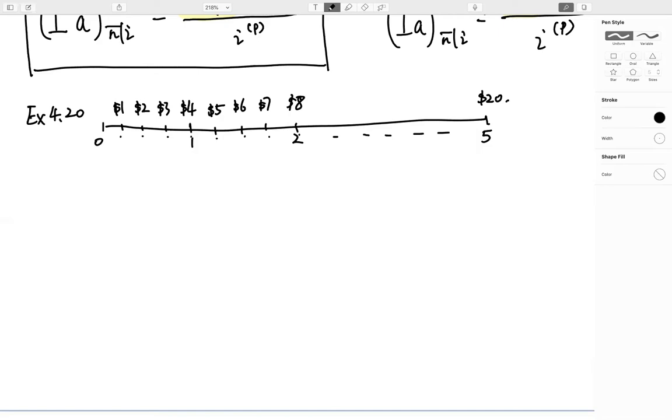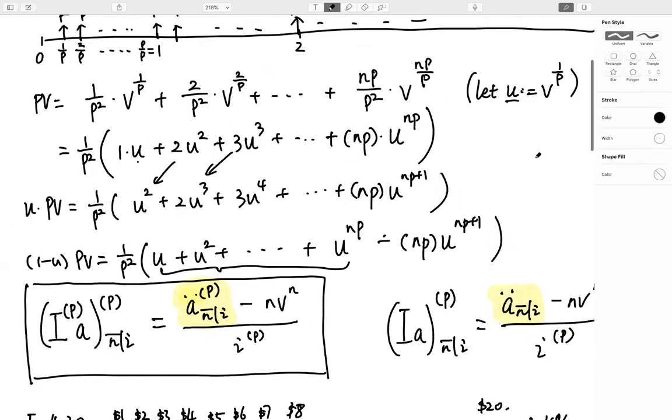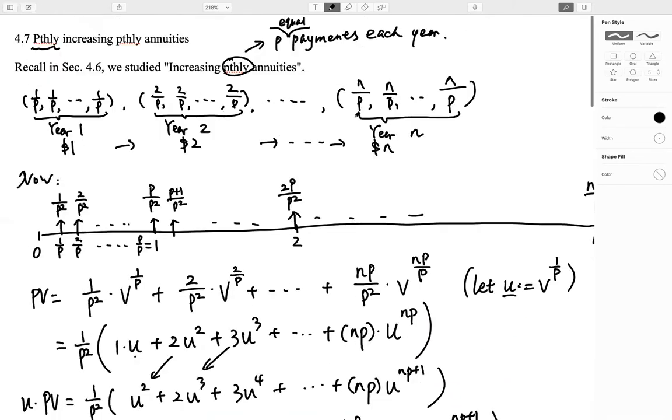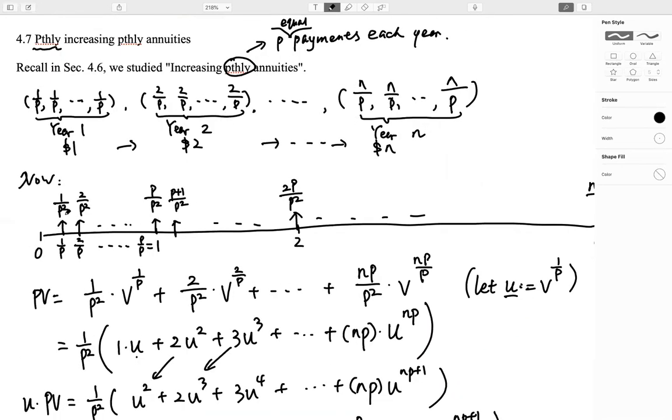What I also know is the effective interest rate per year is 4%. It's always quoted as the annual rate, and even if I don't tell you, it's going to be the annual rate. So this is obviously different from our standard setup, but it's very easy to convert. All you need to do is to times by p squared. If you times by p squared, the payment becomes 1, 2, 3, 4, all the way to p, and then to np.